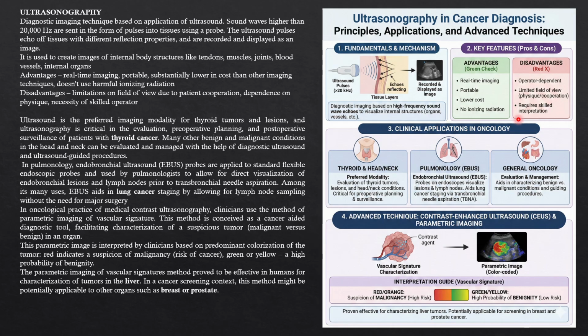The clinical applications in oncology for ultrasonography are the thyroid, head and neck, pulmonology, and general oncology. The advanced techniques are contrast enhanced ultrasound, or CEUS, and parametric imaging. Here the vascular signatures are characterized with parametric imaging, which is basically color coded.